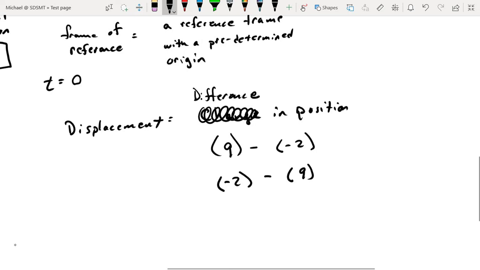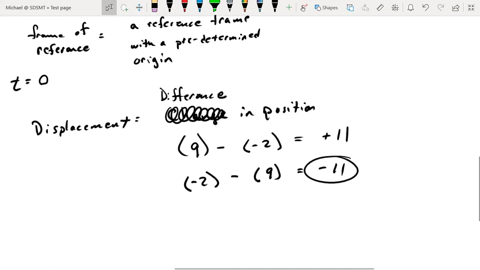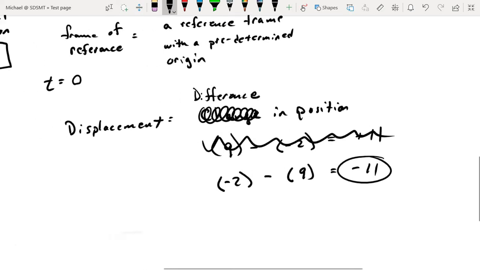With the top outcome, I have 9 minus a -2, which makes for a +11. The bottom expression, we have -2 minus 9, and that gives us a -11. Well, that's the value that I want down there, so I guess this means that the order in the subtraction that I have to take has to be from this bottom combination.